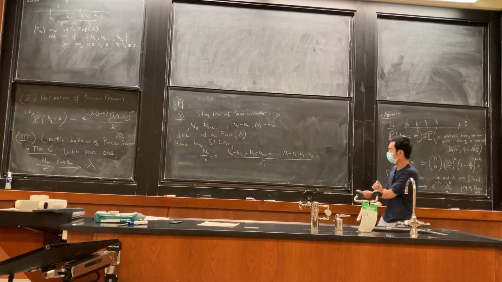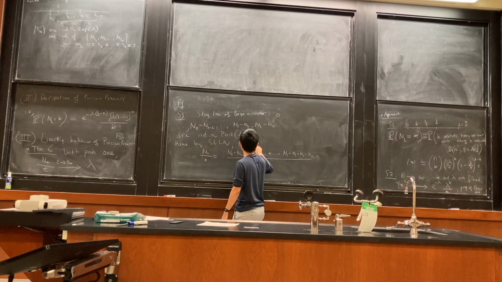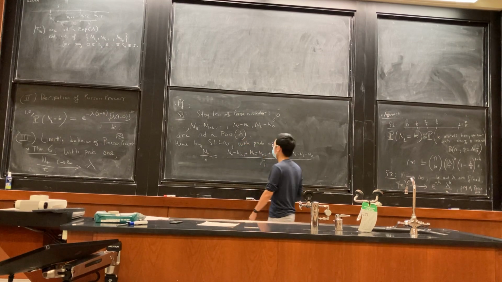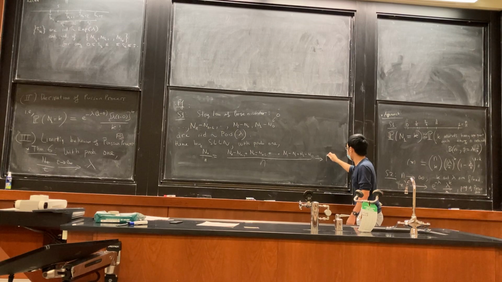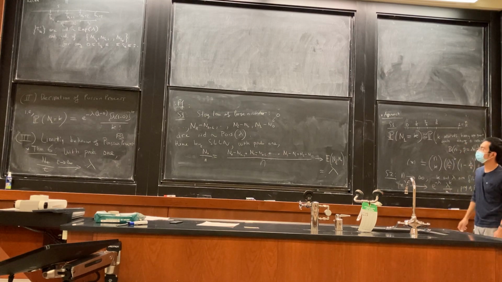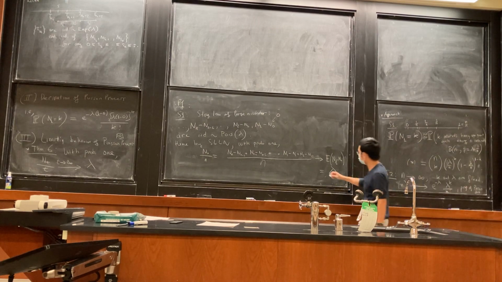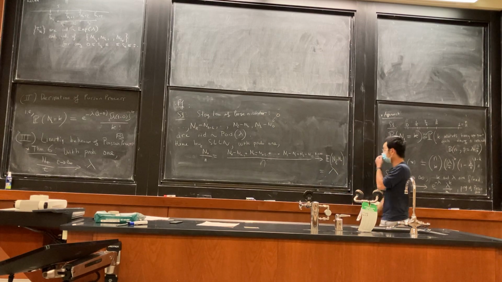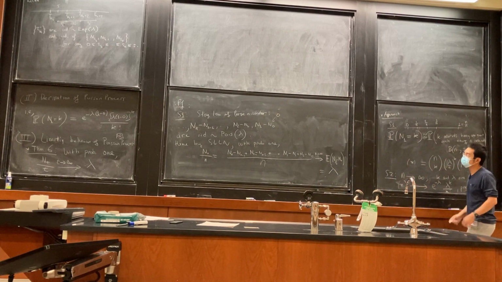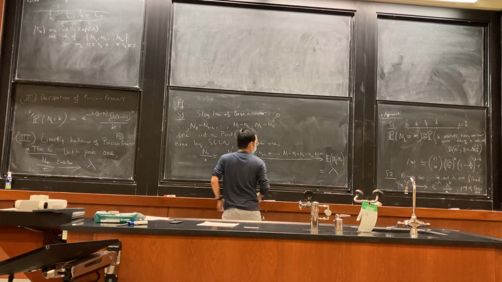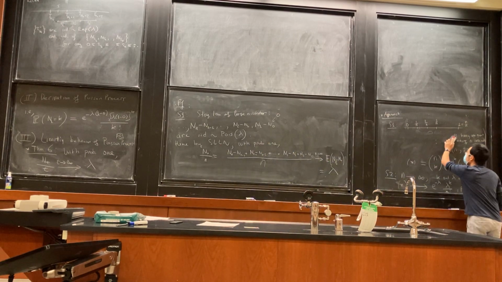With probability 1, this will converge to the expected value of N_1 minus N_0, which is the mean of the Poisson distribution, as n goes to infinity. So this holds for integer time steps.